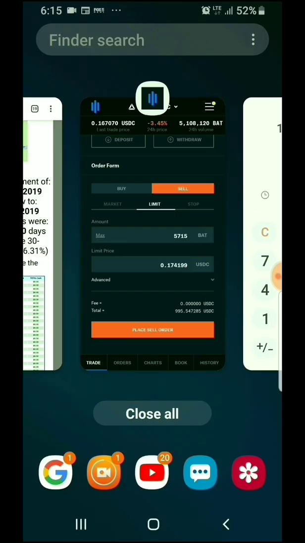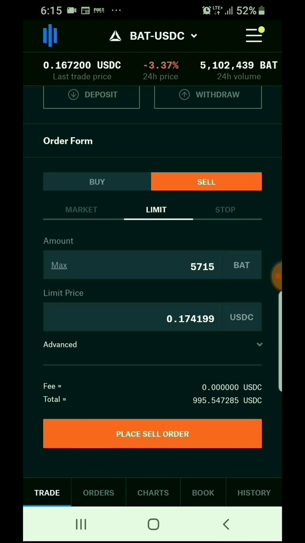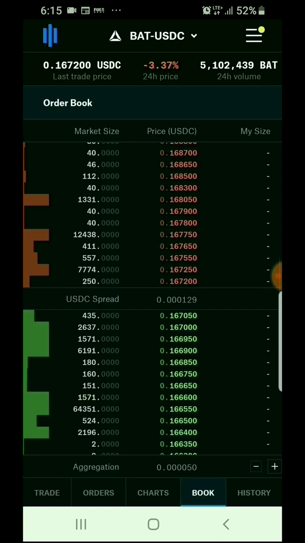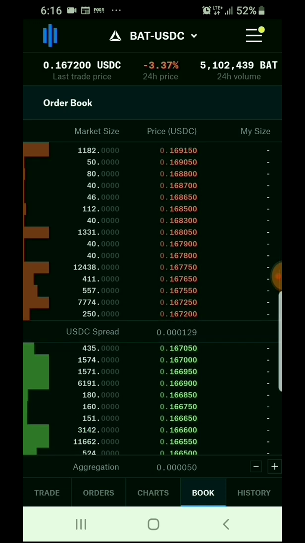So now I'll go back to this Coinbase. I'm gonna go to the books. You know, 1% was 0.0175. That was my 1%. And as you can see, actually no, where is it? I don't see it.